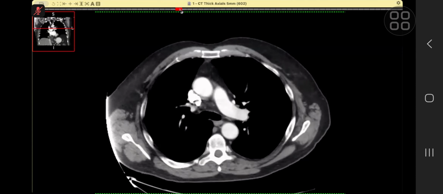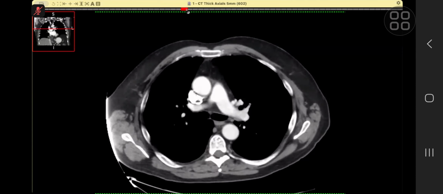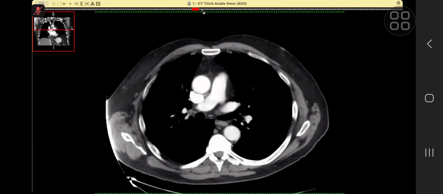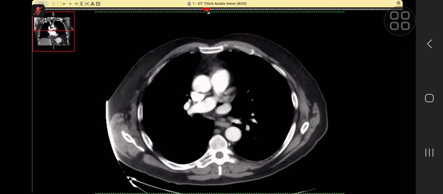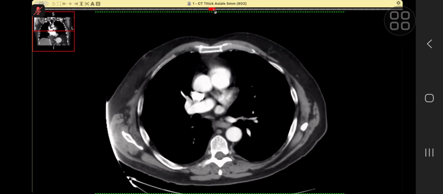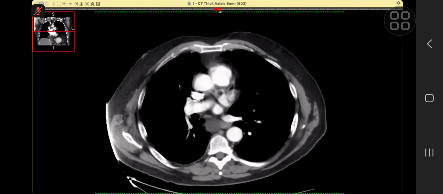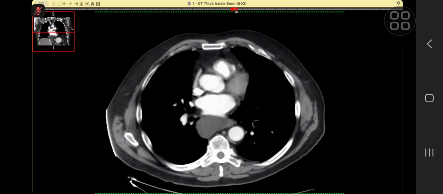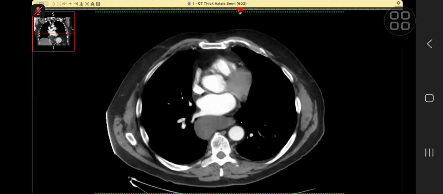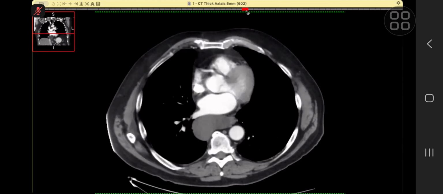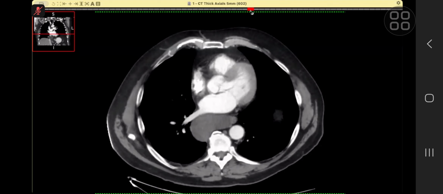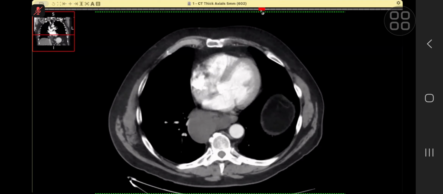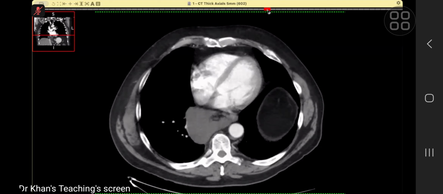I'm going down. Till now, I could not find any abnormality. I can see a soft tissue density, a low density mass noted in the posterior mediastinum. It is of low density.